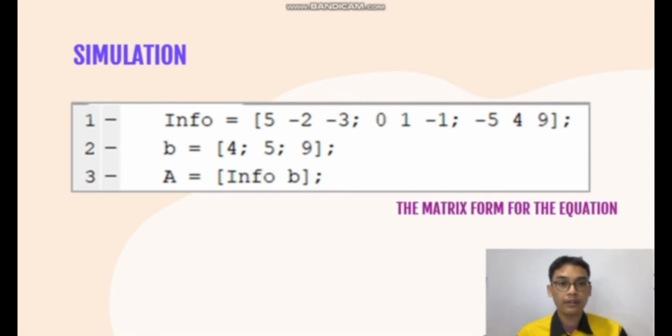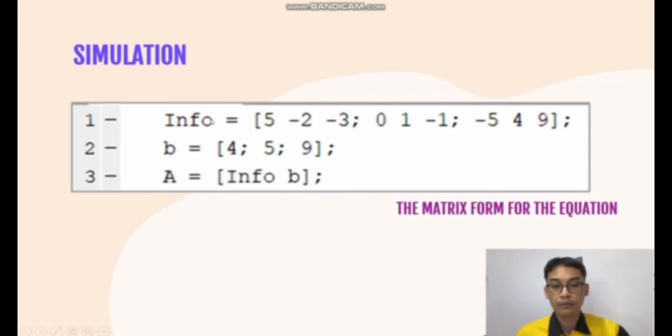After we have obtained the matrix form from our equation previously, we must insert the matrix form inside our MATLAB coding. In order to do that, we must declare the matrix as row 1, row 2, and row 3.